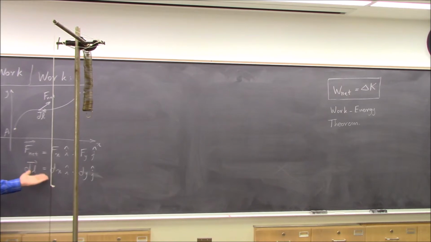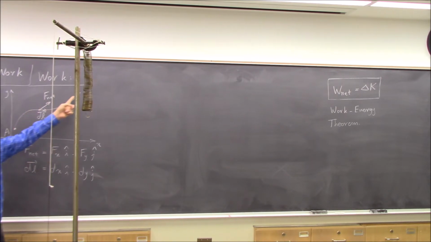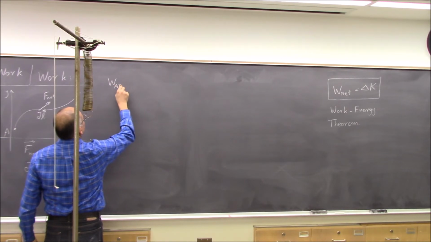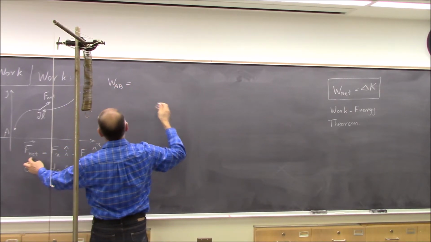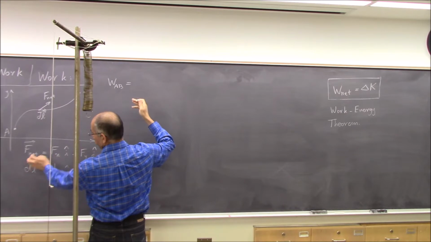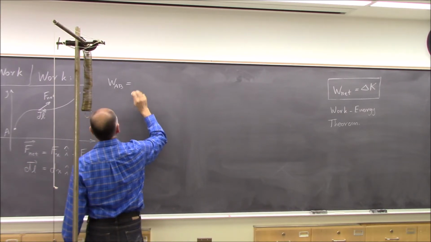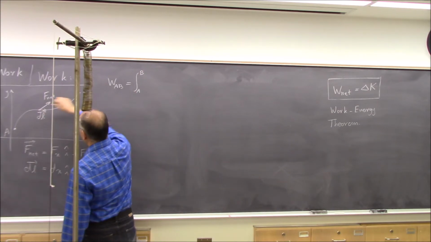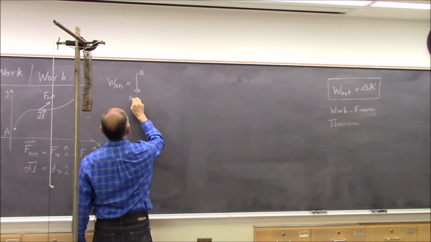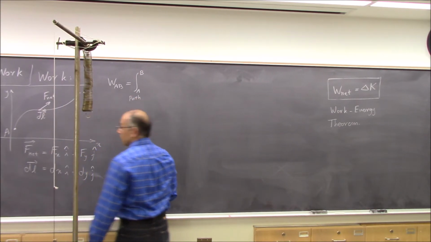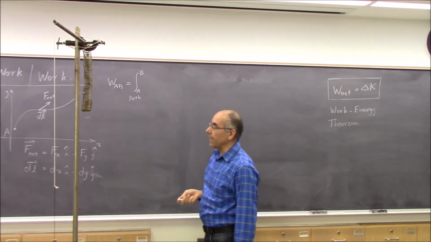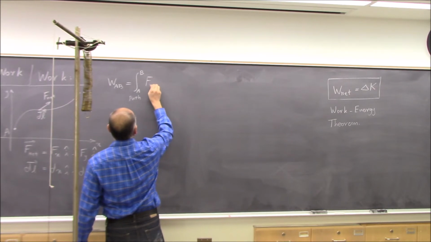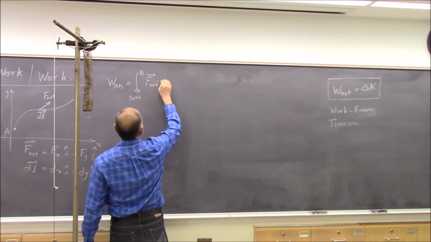So if I want to calculate the total work from A to B, W from A to B is equal to, of course, W net means the work of the net force. The integral from A to B on this particular path, or any other path, of F net dot dl, right?